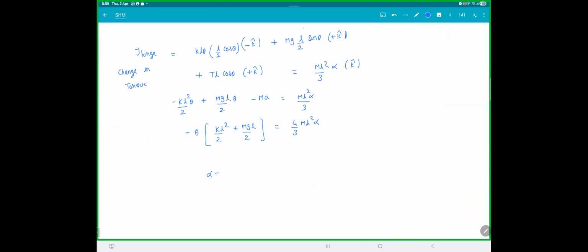So we get alpha is equal to minus theta 3 by 4 M L square, you can divide. That would be K by 2 plus mg by, if the minus sign will come here. There, that's your omega square.